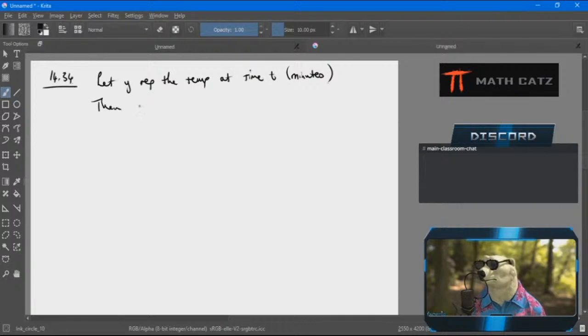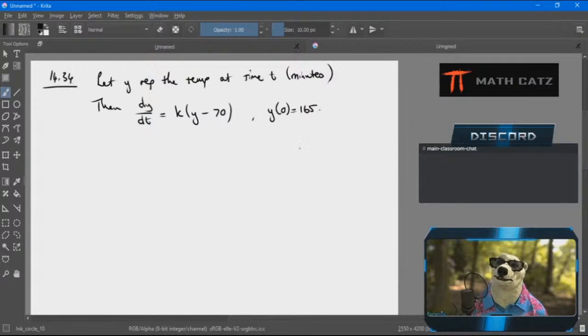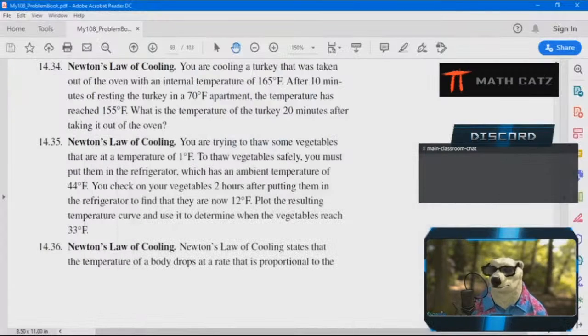Then my rate of change, according to Newton's law of cooling, is going to be proportional to the temperature of the turkey minus the 70 degrees surrounding temperature. And my initial temperature was 165.